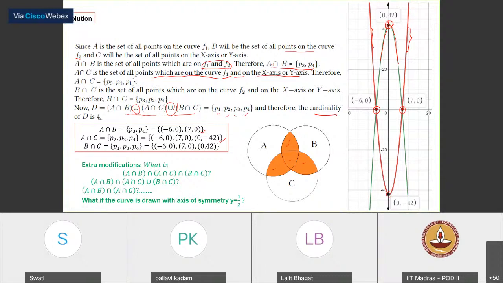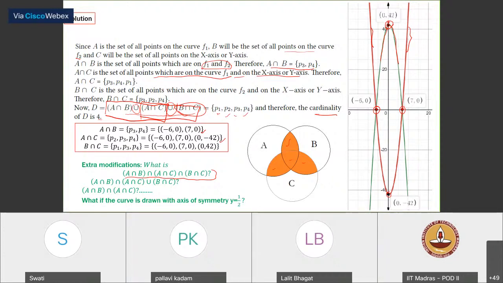But what happens if you remove one of these terms, say the B intersection C, then what is remaining is D equals A intersection B union A intersection C. If this part is given, what will be the cardinality?